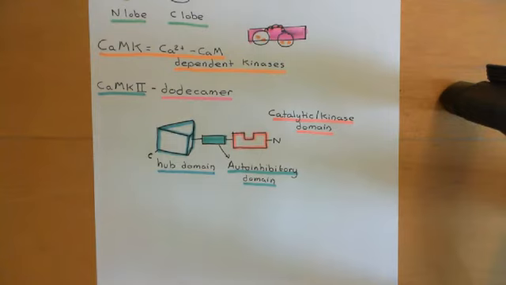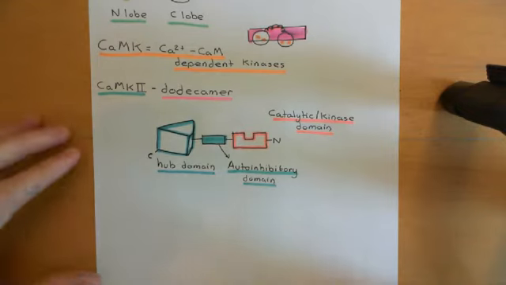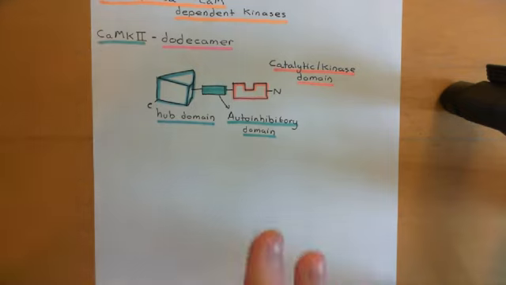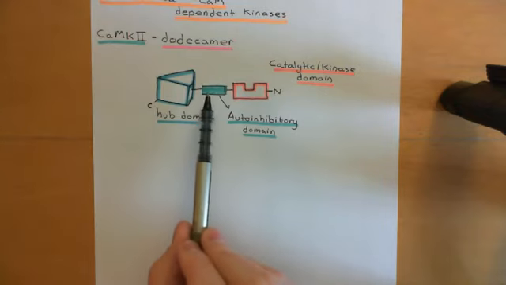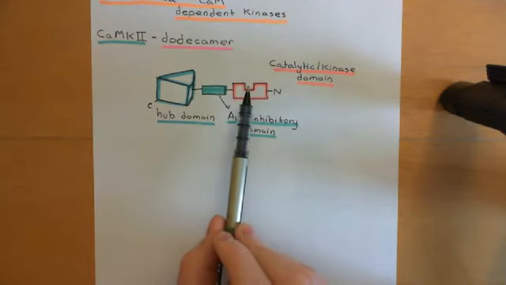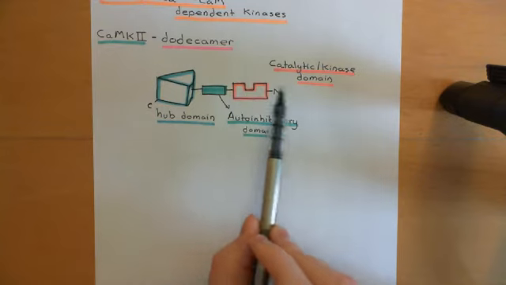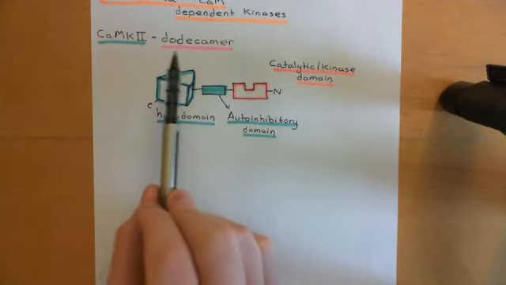Right. So now what I want to do is actually show you the CamKII 2 dodecamer. How do these CamKII 2 monomers assemble into a dodecamer? And I want to show you at the moment the inactive dodecamer. When I've shown this monomer, I have shown you it with the autoinhibitory domain not actually in the catalytic domain, so this would actually be an active monomer.